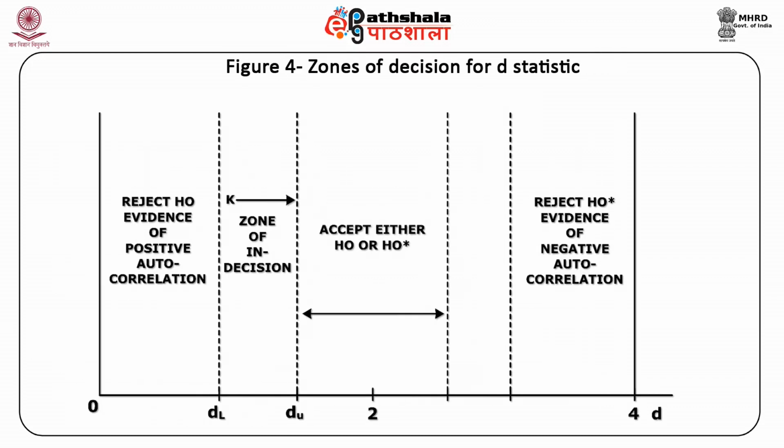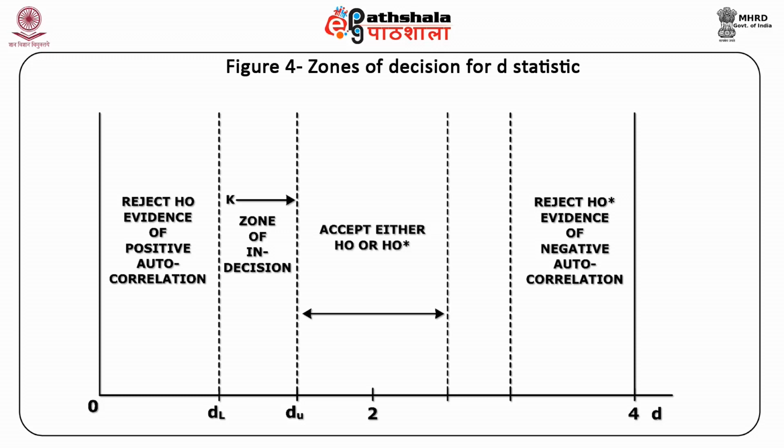The fifth step is to accept or reject any of the above hypotheses as per the following decision rule, which is for the Durbin-Watson D test decision rules. In this case, you can observe we have the null hypothesis, we have the decision rule, and we have the conditions.